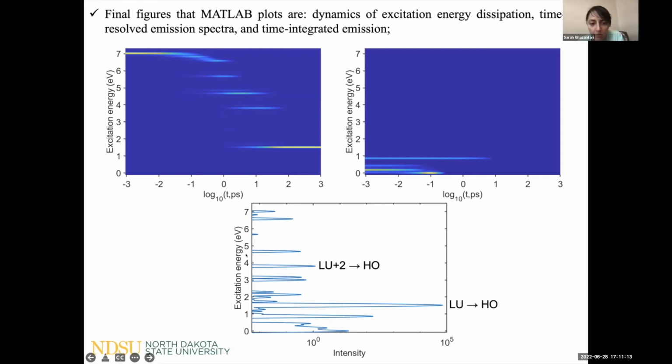You mean these peaks in this figure? Below, yeah, that peak. Yes, I'm not sure. We need to double check the oscillator strength file and see which transition corresponds to this energy level. I'm not sure what each peak corresponds to in this case. I think these two are more important for us, which were LUMO to HOMO, and this one LUMO plus 2 to HOMO.